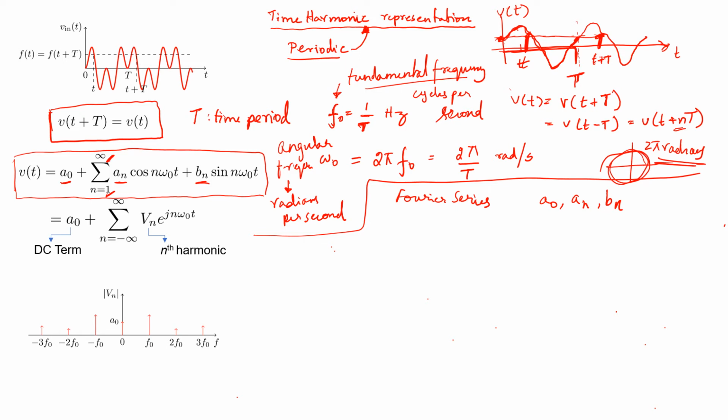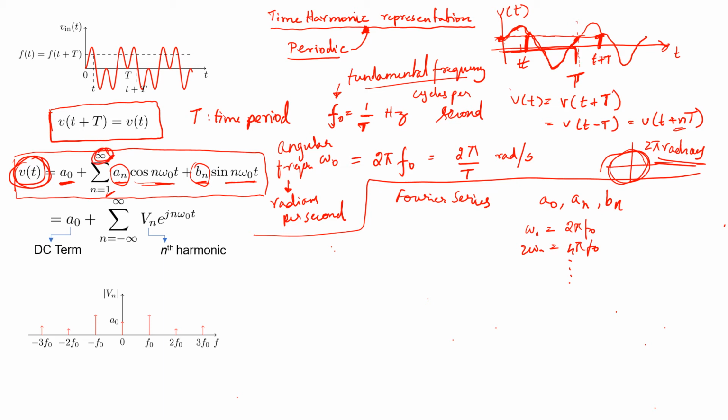This becomes the representation of the time domain signal. Now we notice that this particular term a0 does not depend on time. The coefficients an and bn are independent of time, and we have captured the time dependence in terms of the n omega naught, where omega naught is 2 pi f naught, 2 omega naught is going to be 4 pi f naught, and so on, all the way up to infinity.